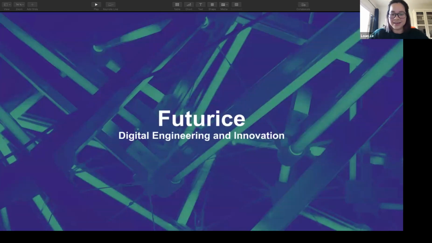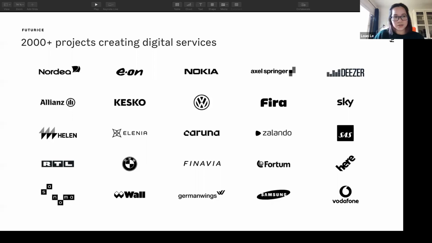But first, a little bit about Futurist and why we developed lean service creation. Since 2000, we have worked with clients in several industries to create digital services, help them improve their business strategy and their way of working, and also establish culture transformation in order to help them meet the challenge of digital disruption.